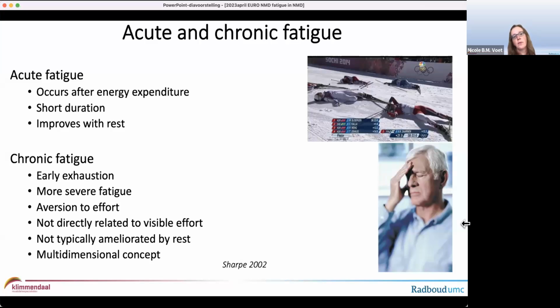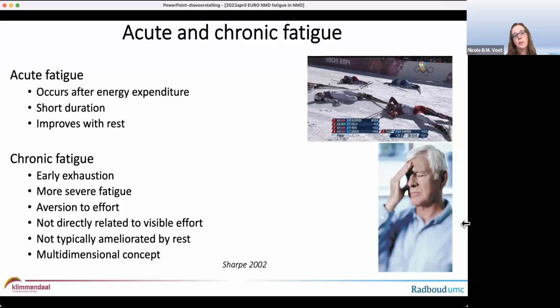And that's not a good form of fatigue, because that's about early exhaustion. It's a more severe form of fatigue, and people often have an aversion to effort. And it's not directly related to physical effort. There's no relationship anymore between the things you do and the level of fatigue you experience. And also, unfortunately, it's not typically ameliorated by rest. So patients say, whether I rest or I act, I always experience fatigue.